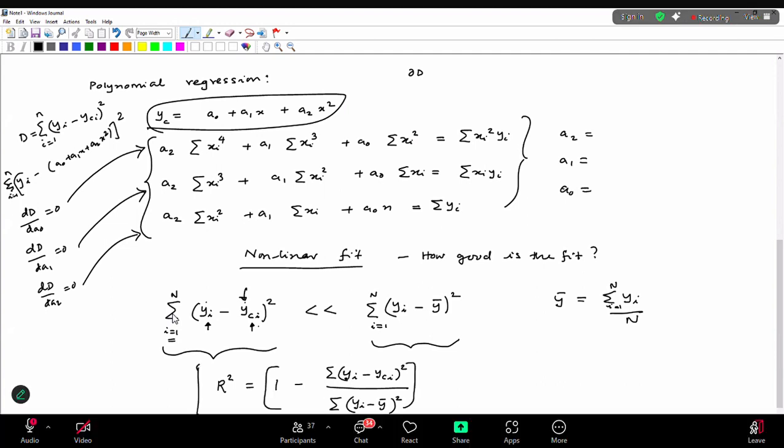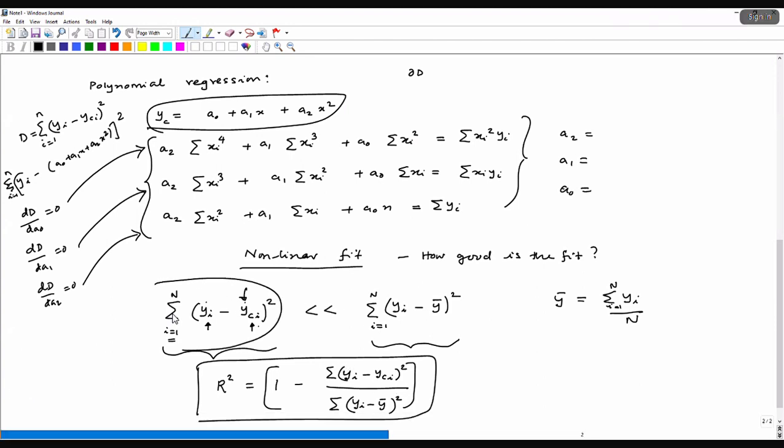So you can see that when the numerator is very small compared to the denominator here, when this is very small compared to this term, this entire term would become close to 0. In that case, R square will become close to 1.